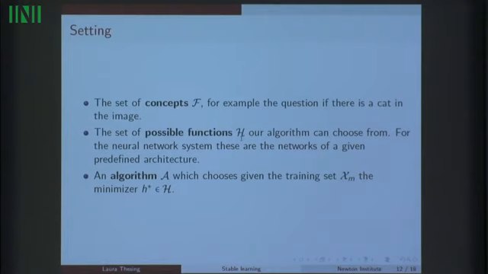And then we have the possible functions H, which are usually neural networks with a predefined architecture, which you decide before you start your training process. And then you have an algorithm A, which gives you, depending on your training set, your minimizer H star.